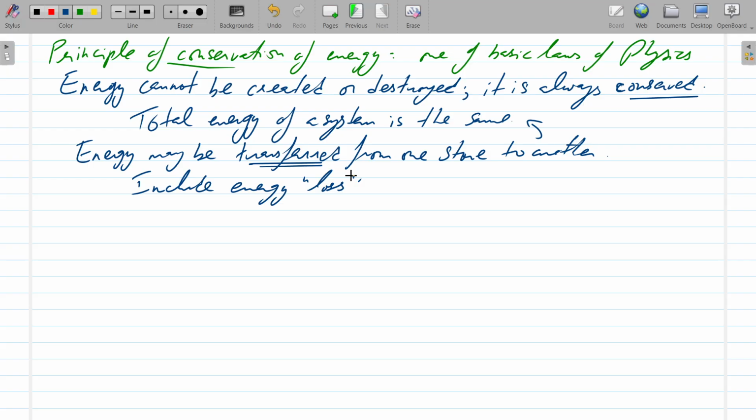So including energy loss, the energy being utilized and whatever we're getting as a result, through work, is always conserved in a system. And that brings us to the fact that the total energy of the universe is conserved.